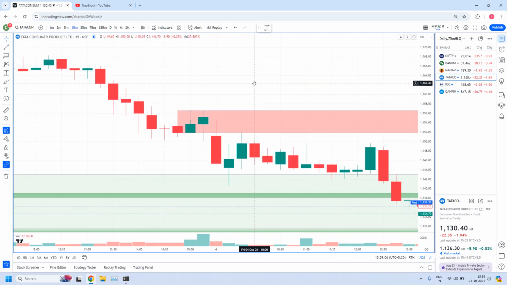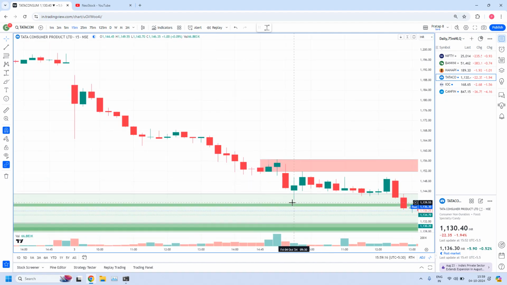But unfortunately today that does not happen. This zone is easily violated. That means this is a dynamic... sorry, I forgot. Suddenly my mind is stuck. Yeah, this is an aggressive trade setup.